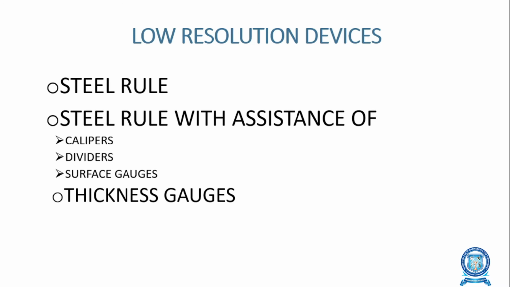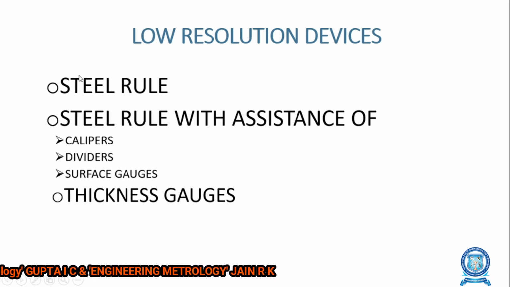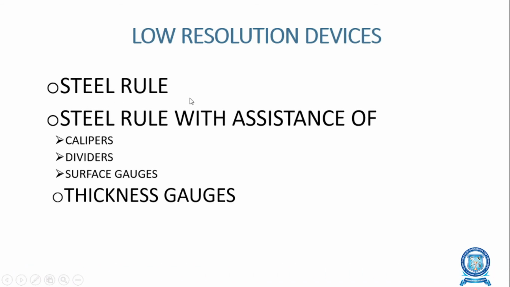Now we are going to see the three different classifications of linear measuring instruments. First one is low resolution devices. In low resolution devices, first one is the steel rule.